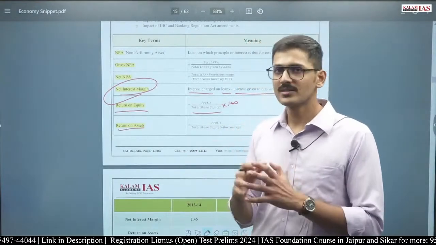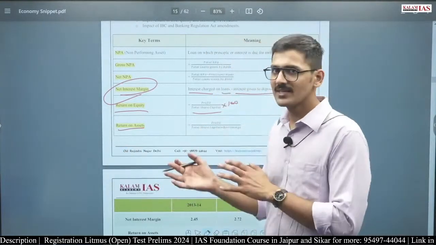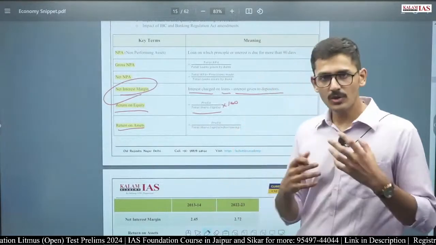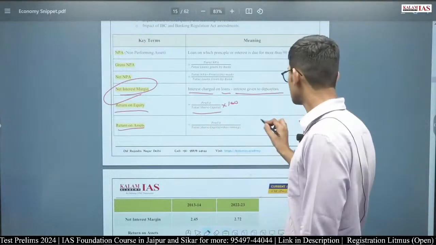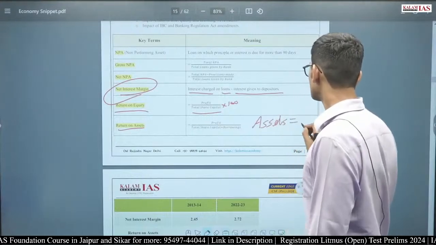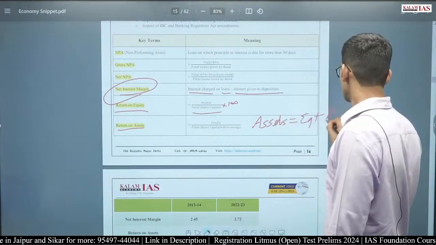Now, if you do not understand the balance sheet, if you are a student of commerce, then you know that total assets are equal to share capital plus borrowings. But if you are not a student of commerce, just take it as given that assets equal equity plus borrowings.